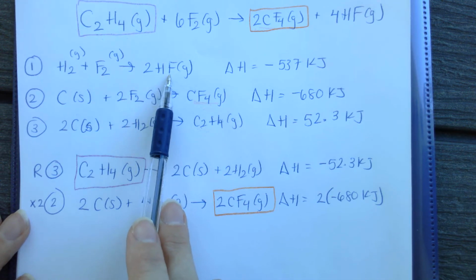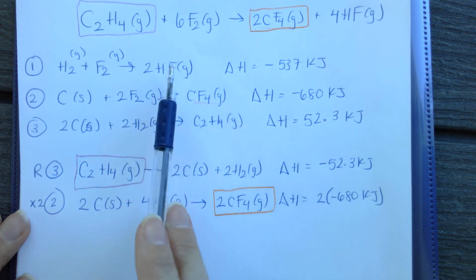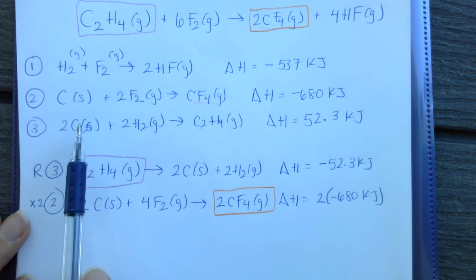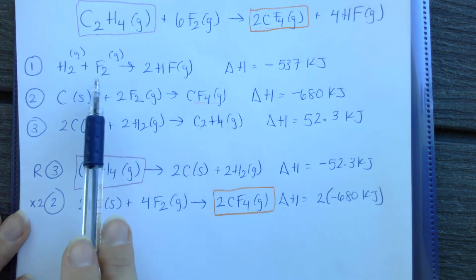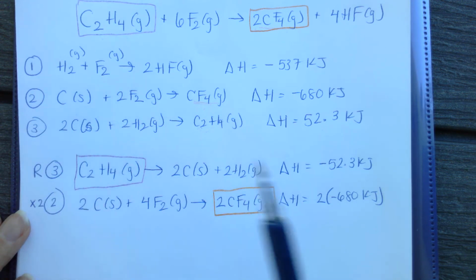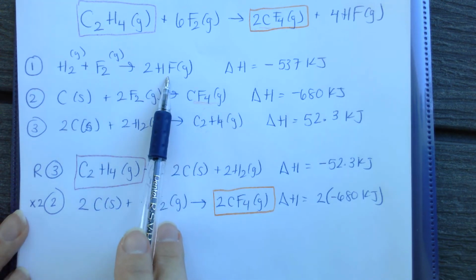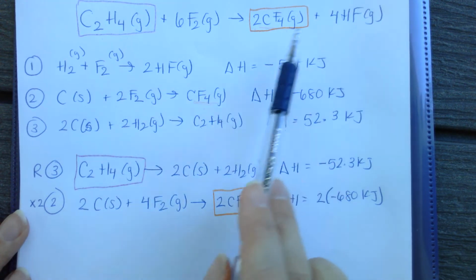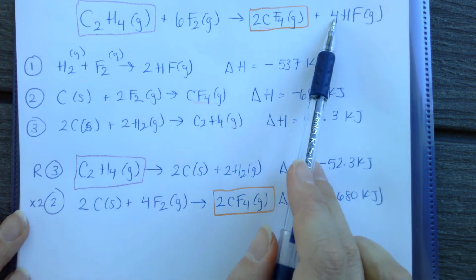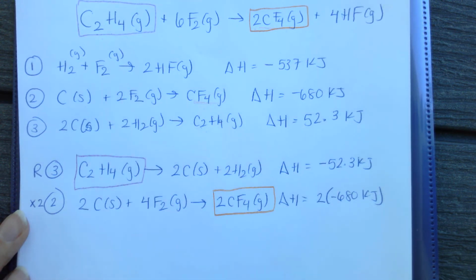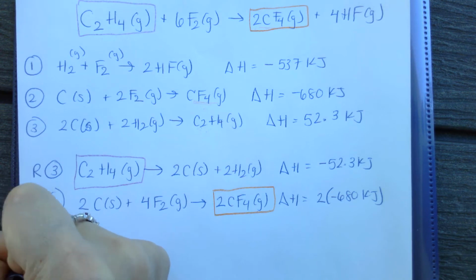And since this is my last reaction, I'm going to set HF based off of its coefficient, and then I'm going to check to make sure everything works out by getting my carbons, hydrogens, and fluorines to do kind of what they need to do. Okay, so to set this one, it's on the proper side. They're both products. I just need this coefficient to match this one. So I'm going to have to multiply reaction 1 by 2.